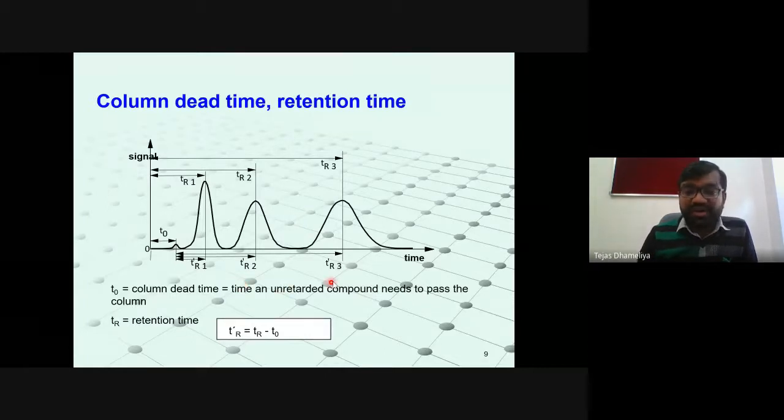For the third compound, if we have TR3, and we have T0, then if we subtract TR3 minus T0, we will get T dash R3. So this is called retention time. The time required to elute 50% of the eluent out of the column chromatographic system is called retention time.